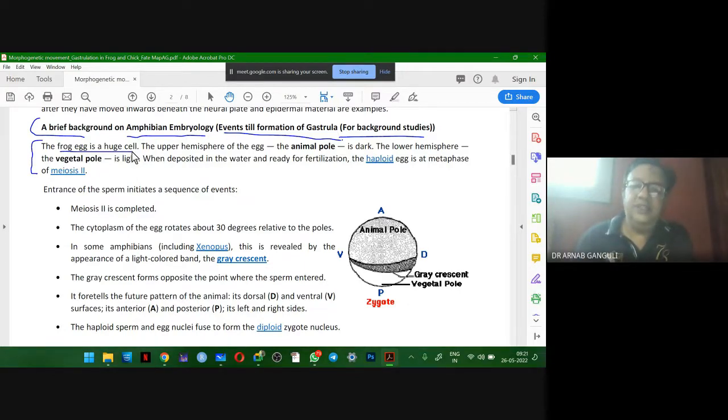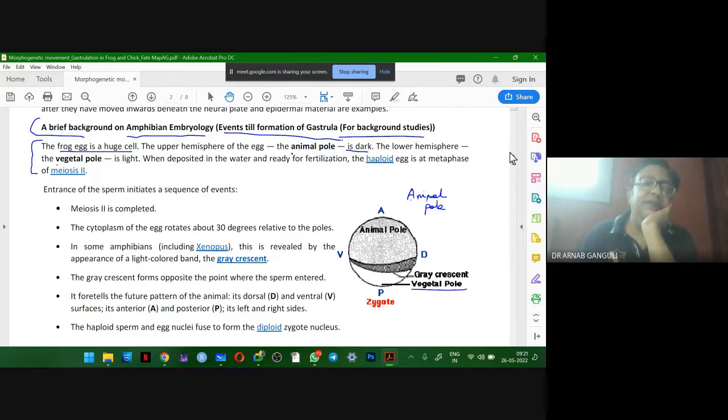So there are two hemispheres. The upper hemisphere is known as the animal pole, and the lower hemisphere is the vegetal pole. The animal pole is dark.